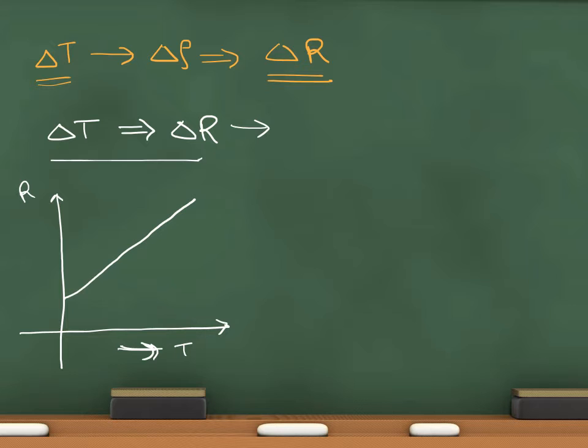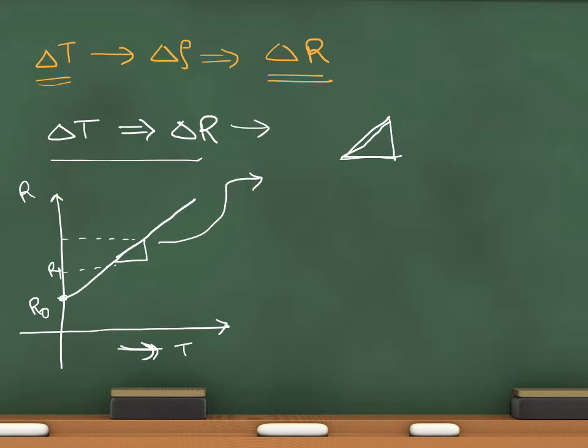Originally the resistance is at R0, and if I want to measure this change, I zoom into this part.